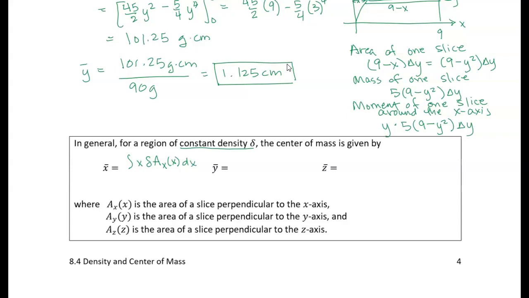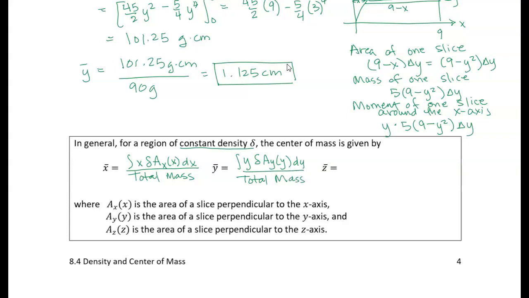That numerator represents the moment around the y-axis, and then we divide that by the total mass. If we want the y-coordinate, we slice in the y direction: the integral of y times the density times the area of a slice perpendicular to the y-axis, dy, over the total mass.